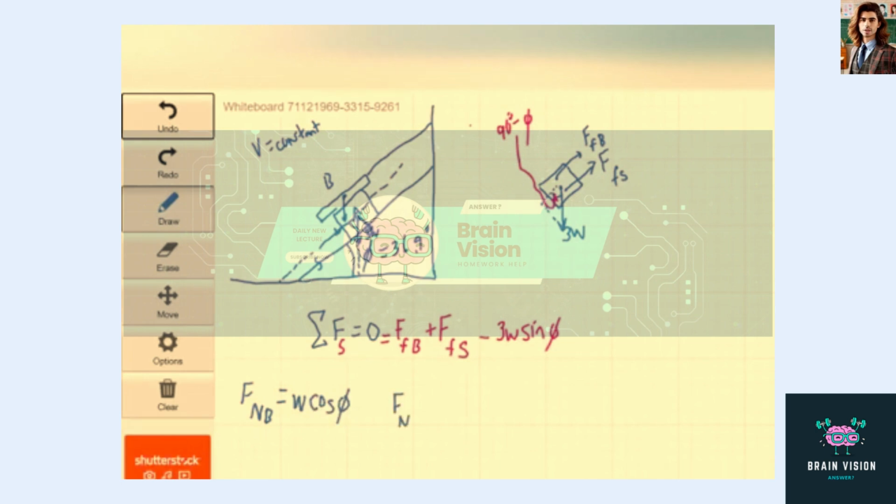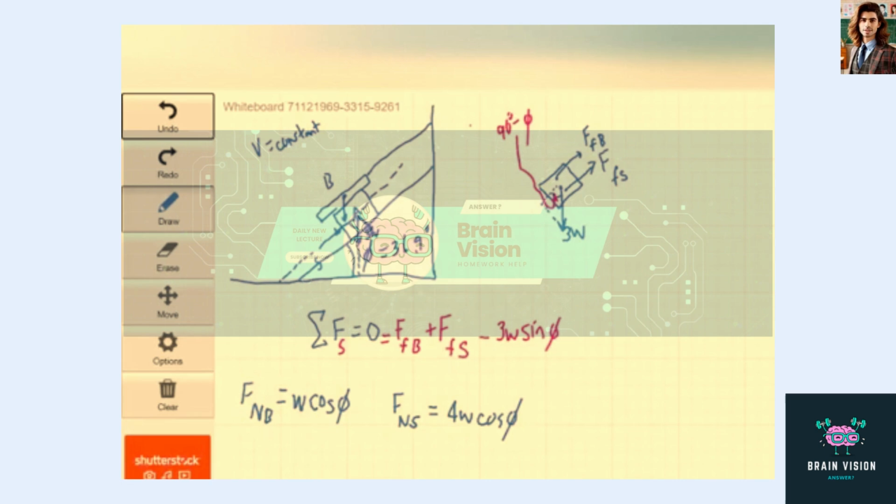The normal force associated with onto S is going to be the two weights, W plus 3W, which would be 4W cosine phi.